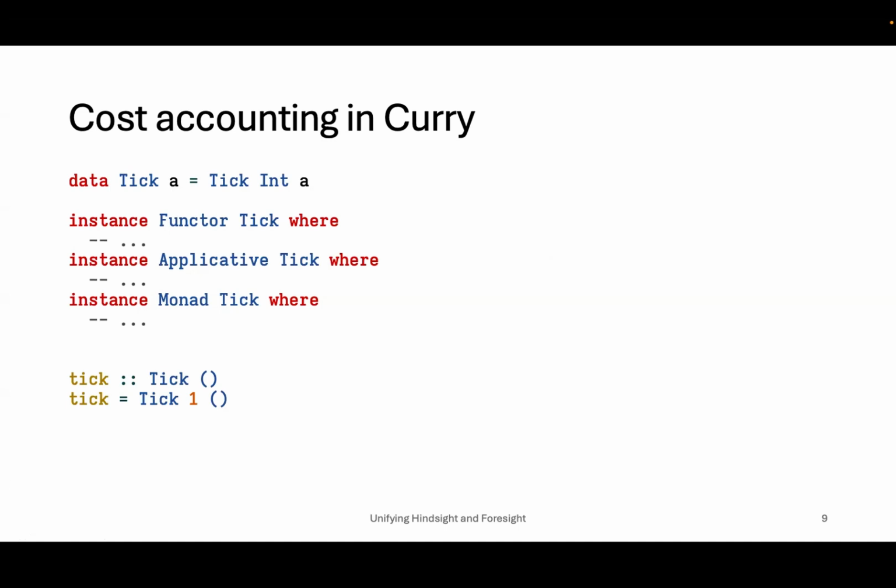So we need to keep track of costs. So we have here what I'm calling the tick value. For people who are familiar with monads, this is indeed just a writer monad over the additive monoid of natural numbers. But the basic point is that a value of tick represents a computation or a result with some cost attached to it, telling me how much it took to compute that thing.